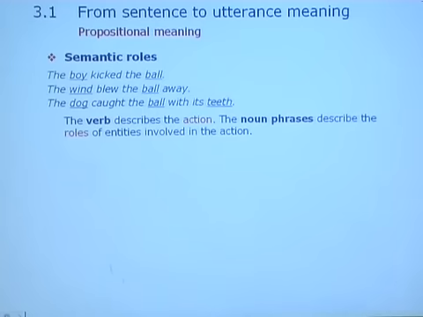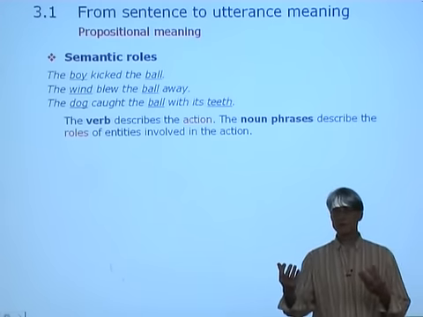What about the dog caught the ball with its teeth. Dog and ball. Similar to what we had before? Yes. With its teeth? Different, right? How would you characterize it? In terms of semantic roles now.